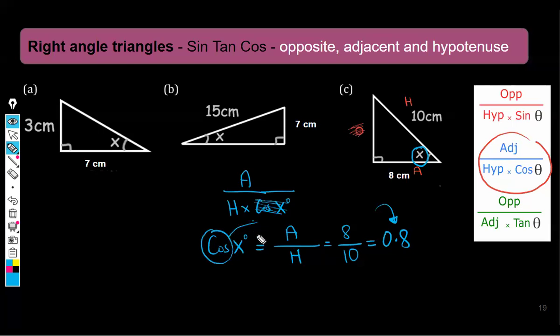We throw across the cosine because we want X alone on one side. That's what we're solving for. Throw across cosine, you're going to get cos inverse 0.8. Second function, cosine 0.8. And now we get 36.87. Right.